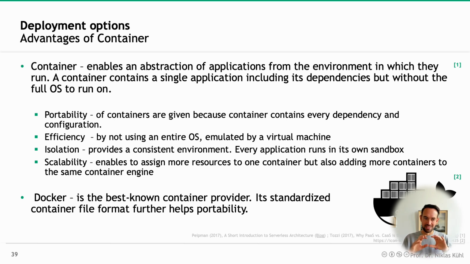You detach the functionality from the environment in which they run. So you end up with a single application that includes all of its dependencies, right? In your case, those would be all the packages that you would require, but without the full operating system that you need to run, right? You want to have all the dependencies that are required, but you don't want this entire baggage of an operating system.